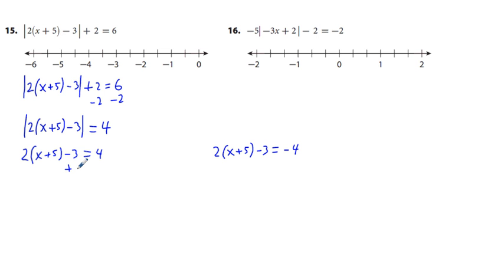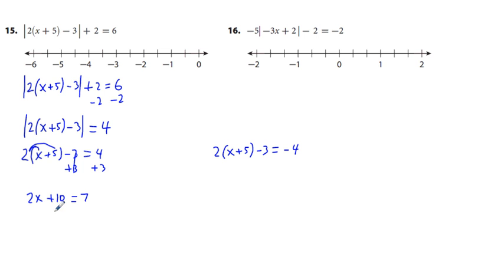On the left one we add 3. So what I'm going to do is 2 times x, so 2x plus 10, so I distributed here, is equal to 7.